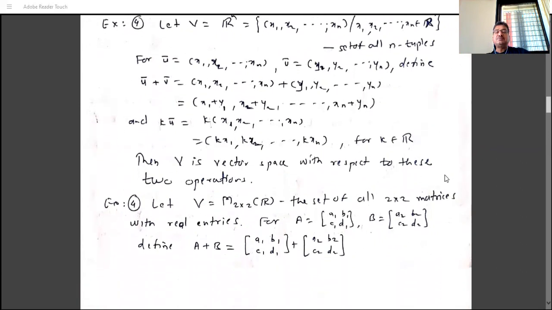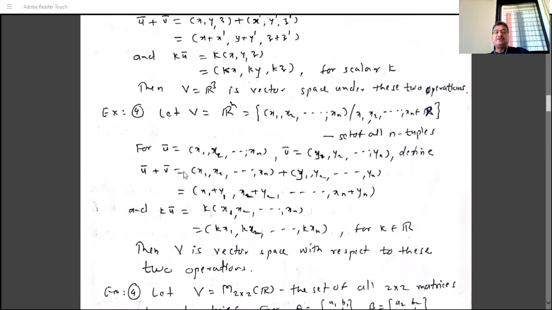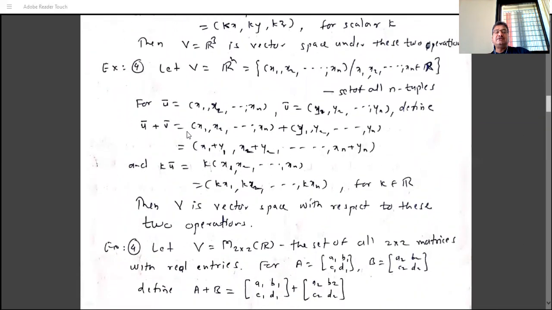Then V is a vector space with respect to these two operations. These are the usual addition of two n-tuples and usual scalar multiplication. So under these two operations, V is a vector space.